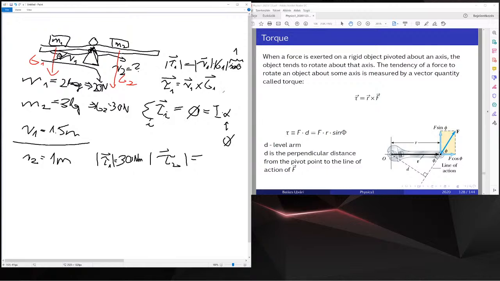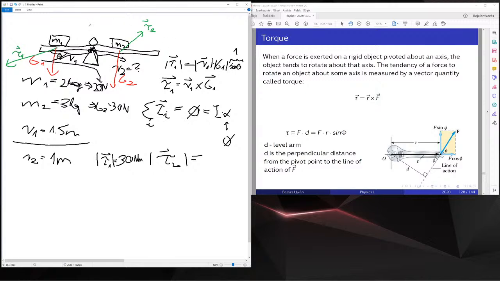So instead of this cross product, if it's 90 degrees, you can just multiply the length of R and the length of the weight. Is it clear now? And the direction points towards you. This is tau 1 as a vector, and this one points backwards, but has to be the same. Is it clear now?